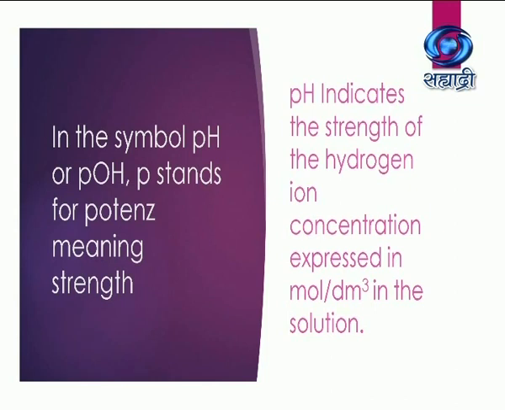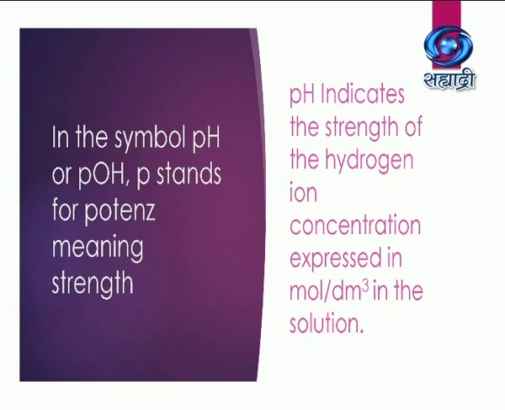Now why do we require this pH and pOH? Students, in the laboratory, suppose I give you two solutions, and I ask you to find out how many H plus ions and OH minus ions are present in these solutions, then it is very difficult to find out the H plus or OH minus ion concentration.